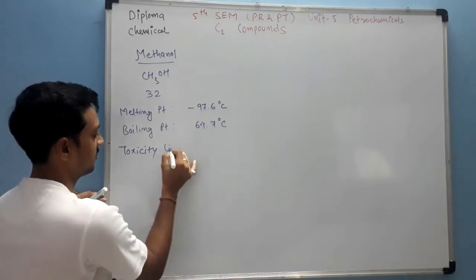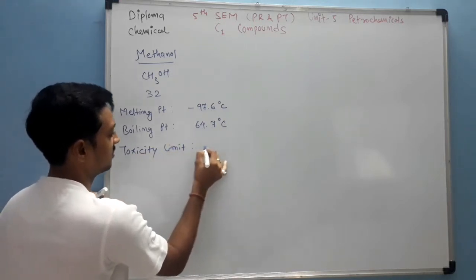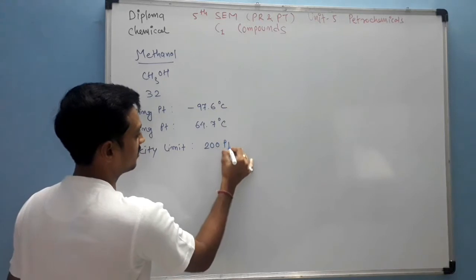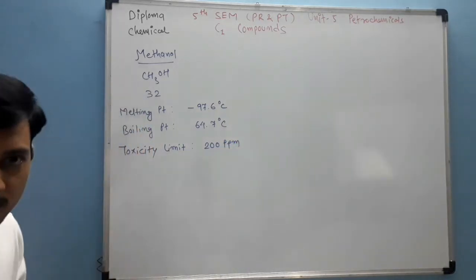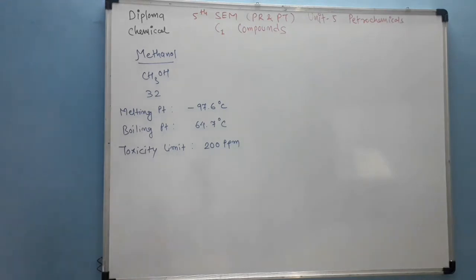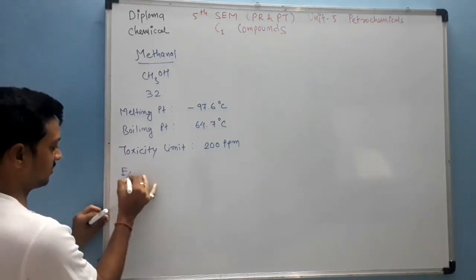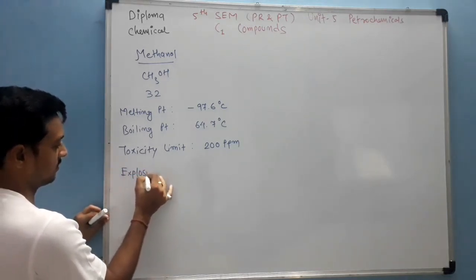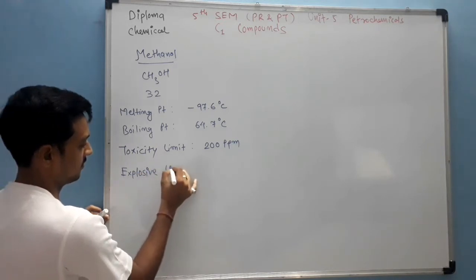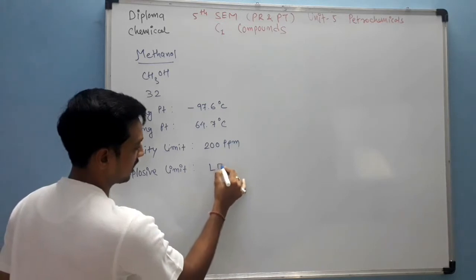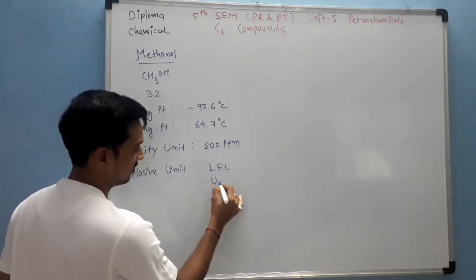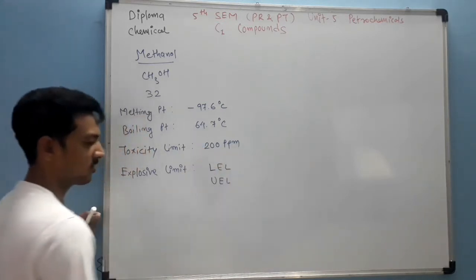Toxicity limit 200 ppm, parts per million. Explosive limit: lower explosive limit and upper explosive limit.